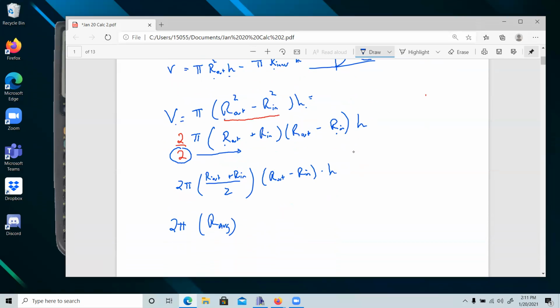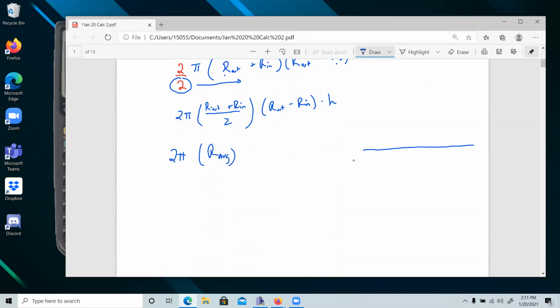Now remember that r out minus r in, actually I'm going to change my picture here to look at this thing, and we're trying to rotate about this. This r out minus r in is a very small value. I should have given you the right picture to start with.